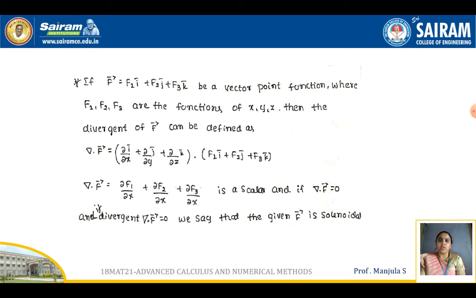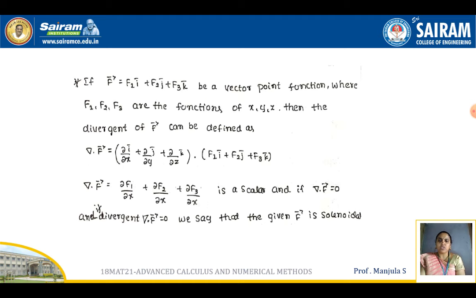The next important note: if vector f is given as f1i plus f2j plus f3k, a vector point function where f1, f2, f3 are functions of x, y, z, then we define the divergence as del dot vector f. Del is dou by dou x i cap plus dou by dou y j cap plus dou by dou z k cap, and vector f is f1 i cap plus f2 j cap plus f3 k cap.